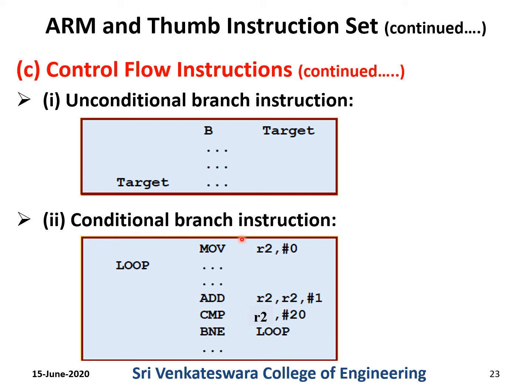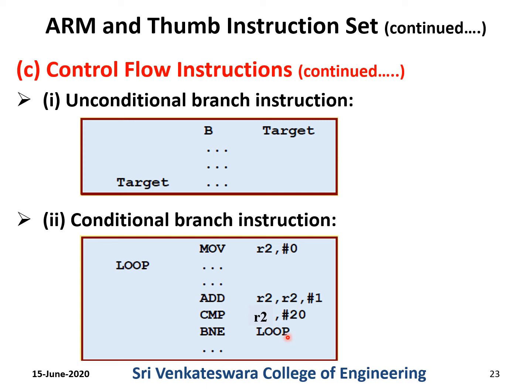So next is about conditional branch instruction. In the following code, one of the instructions, BNE, is a conditional branch instruction. BNE stands for branch if not equal to. So this instruction will check the zero flag. Mostly the conditional branch instructions will check the flag bits, and depending upon whether the condition is satisfied or not, a branch will take place or not. So the format is this: BNE followed by the label.